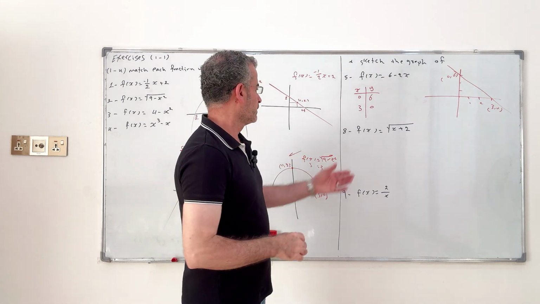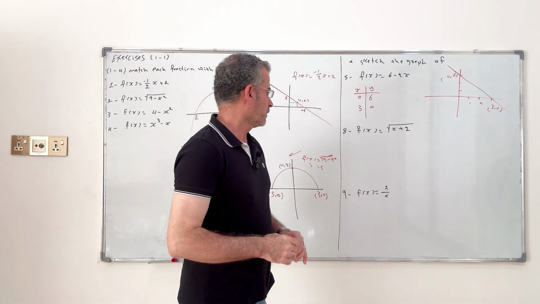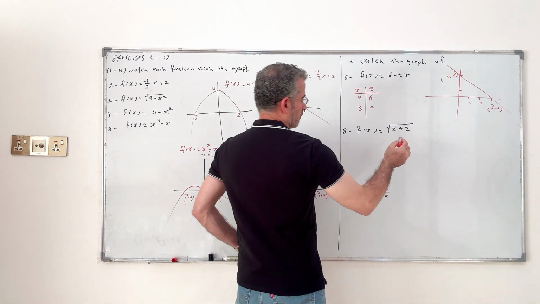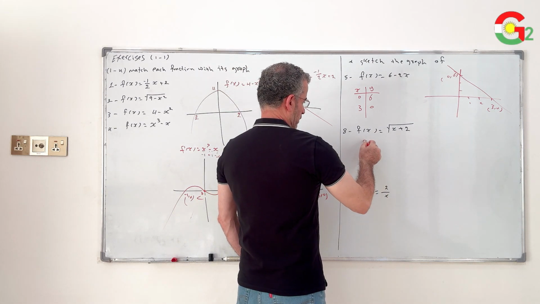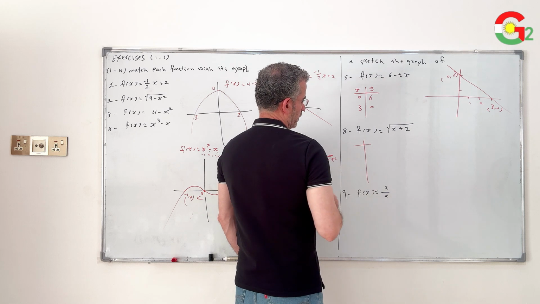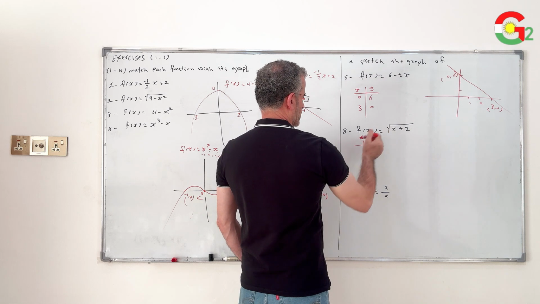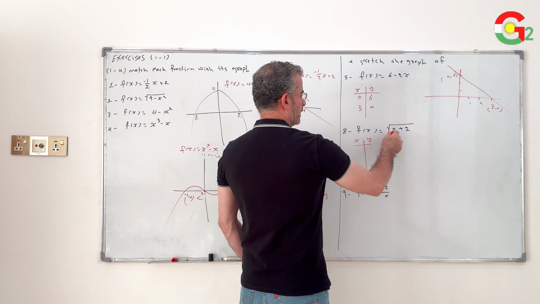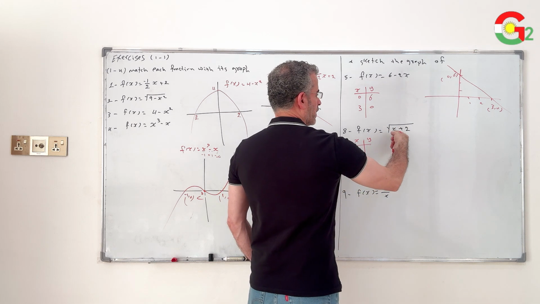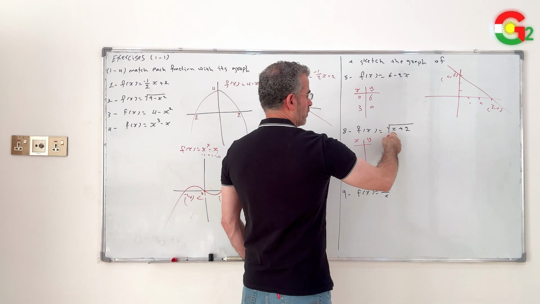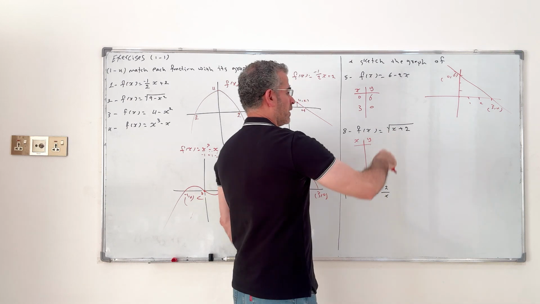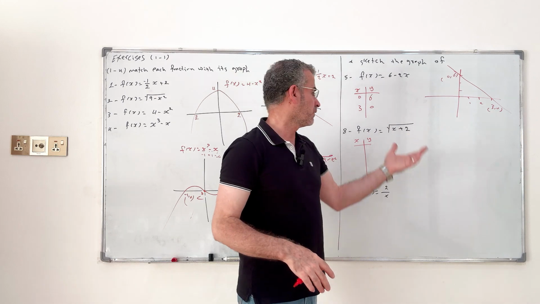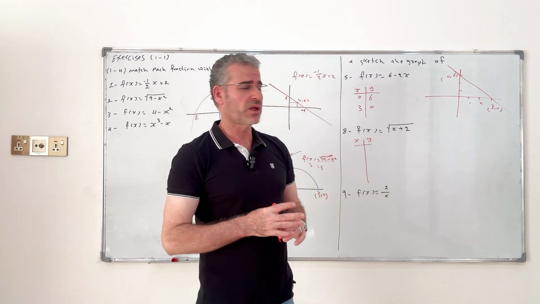Question number 8. Sketch the graph of this function. I take 5 points to sketch this graph. x, y. I take the points within the domain. I can't take a point like -3, because -3 plus 2 is -1, square root of -1 is not a real number.